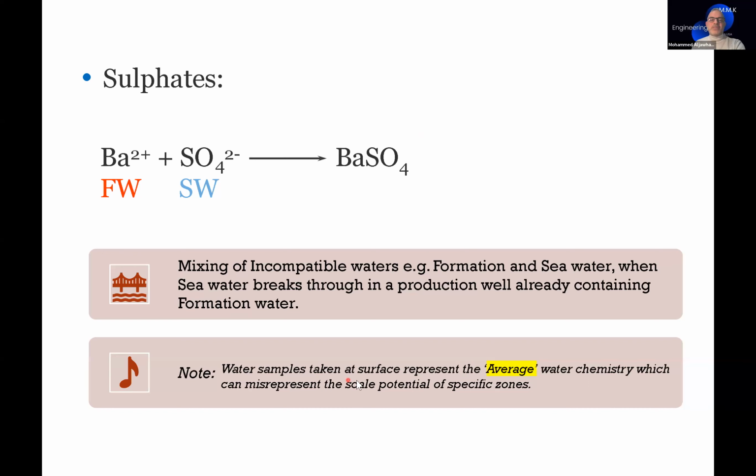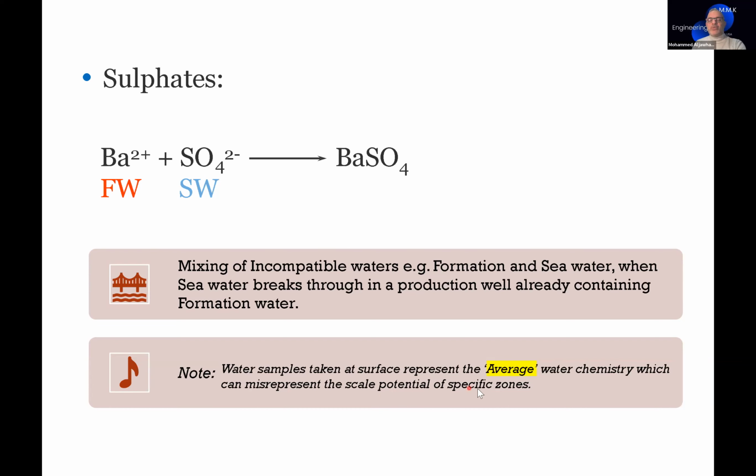Water samples taken at surface represent the average water chemistry, which can be misrepresentative. We have to keep this in mind. It's not the actual representation of the scale inside the wellbore, and it's not the scale potential.